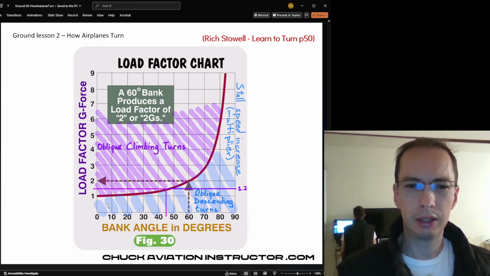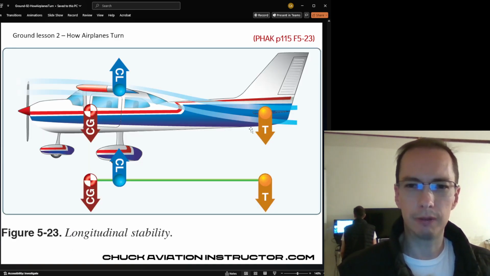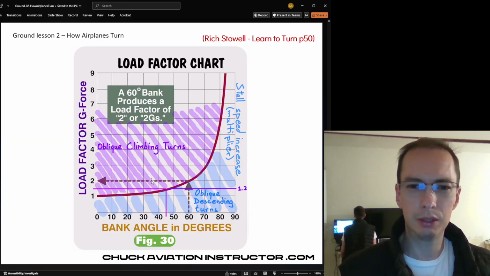The red line is the horizontal turn when you're maintaining altitude once you already banked your airplane. So this is the load factor that is the product of using the elevator just enough to maintain altitude when you bank at 30 or at 45 degrees.